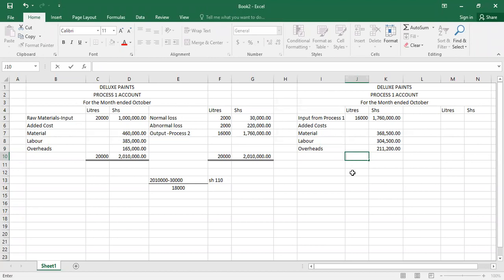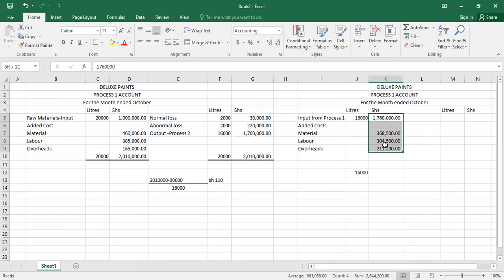I know this one will be a bit lengthy because of the closing work in progress. So this totals to 2,644,200. We have the balance in figure.